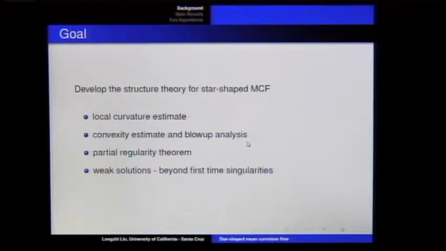But again, I should also point out that to classify the singularities, you assume much more on the initial hypersurface. So those are two very special classes of initial hypersurfaces that you can work on. But still, the geometric assumptions seem to be very strong in the sense that the blow-up limits are all convex, right? But to classify the singularities, you only need the mean convexity, not strict convexity.